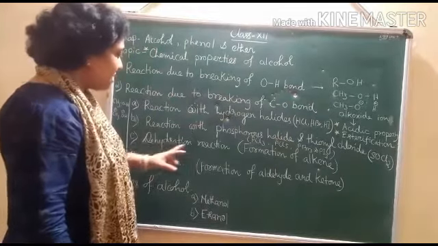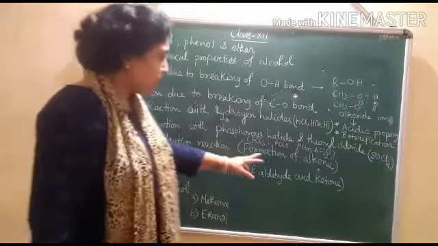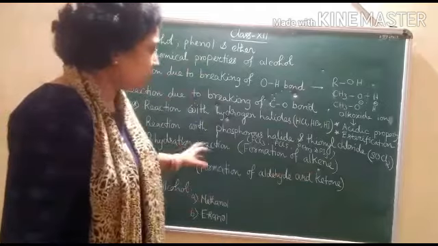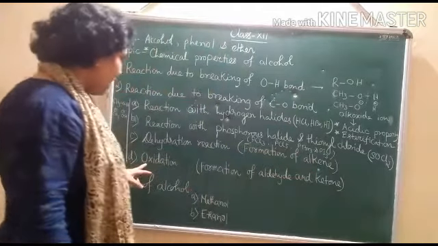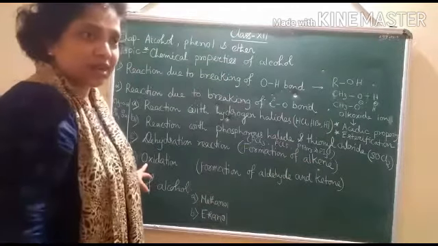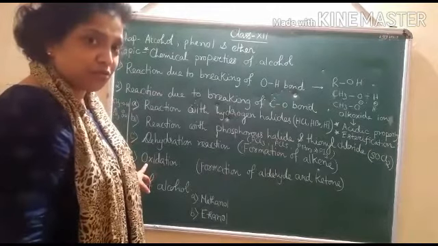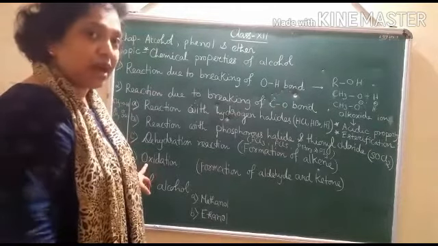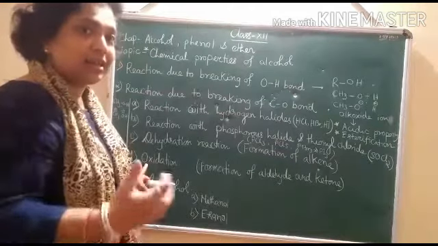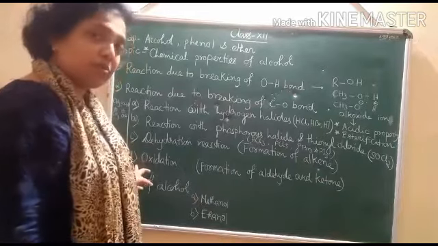Then the next one is dehydration reaction. Dehydration means removal of water, with formation of alkene. And the last reaction is oxidation. We studied in the preparation that by reduction, alcohol is produced from aldehyde and ketone: a ketone gives secondary alcohol, an aldehyde gives primary alcohol. Here it is the opposite.